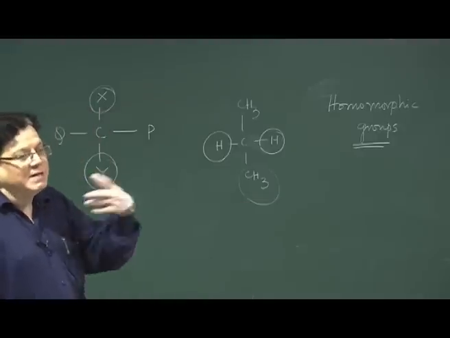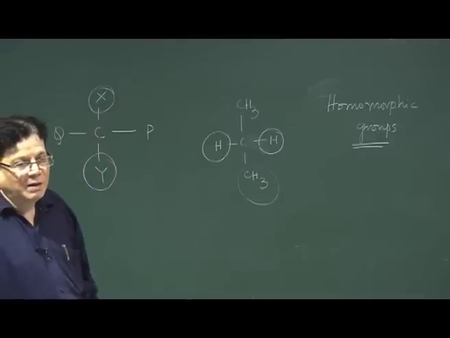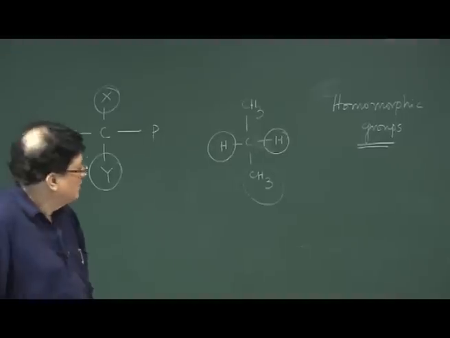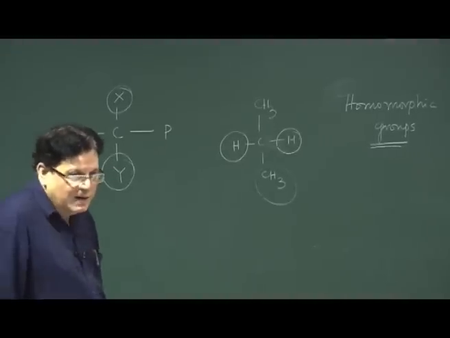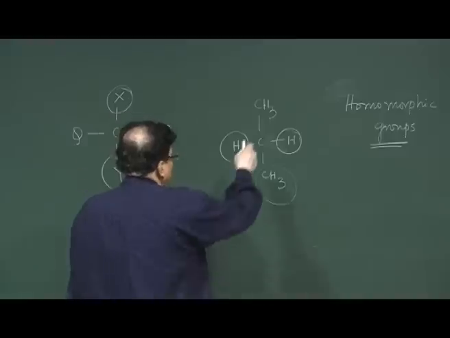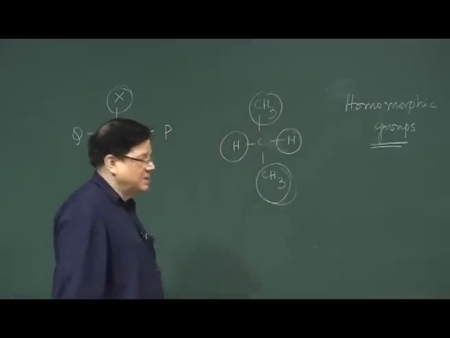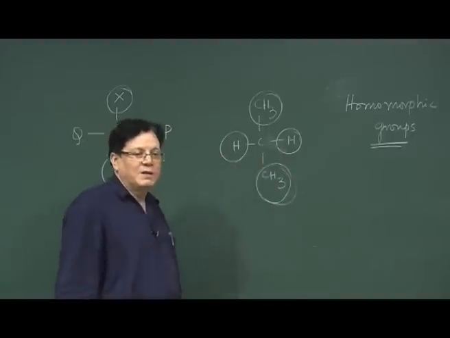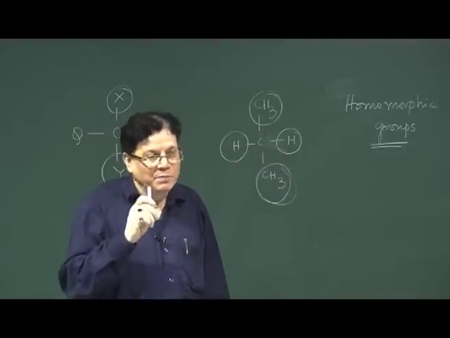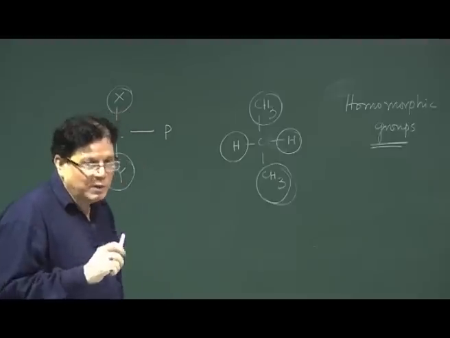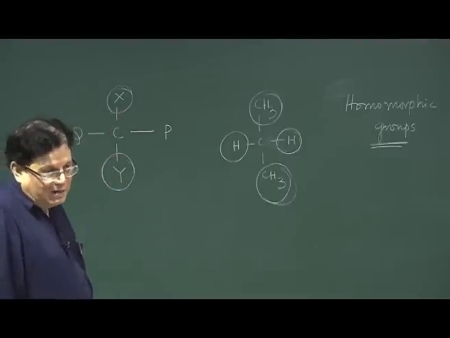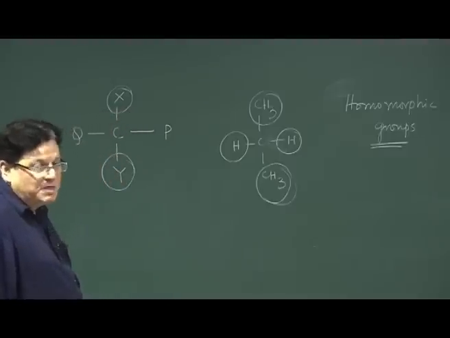They look the same means they have the same constitution. Then they are called homomorphic groups or homomorphic ligands. Like these 2 methyls, they are homomorphic ligands. Like the 2 hydrogens, they are homomorphic ligands. Now, we want to know the relationship between these ligands, and this relationship is what is called topicity.